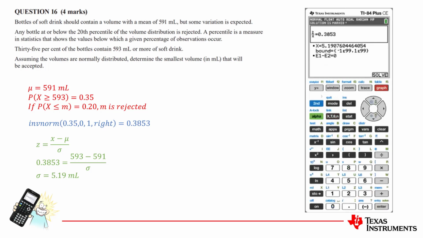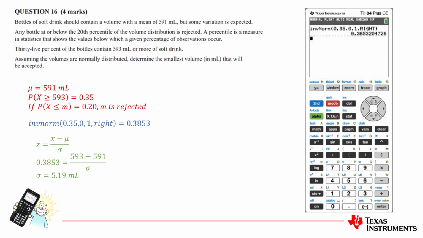From here, I can then use the standard deviation and the information about the 20% being rejected to now find what that value would be. So again, I'm going to use my inverse normal because I'm going from a probability back to a value. In this case, my area is 20%.